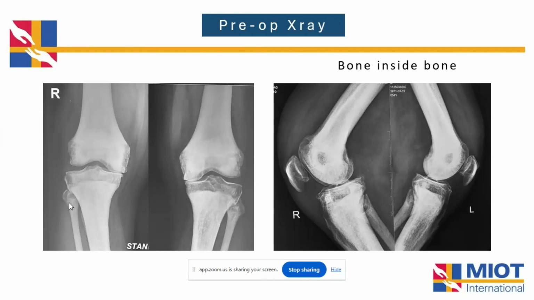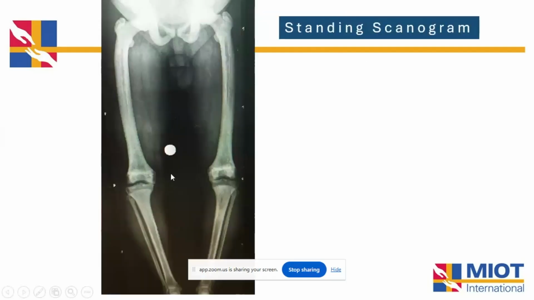Any other points to be added? So this is an interesting finding in osteopetrosis. We see bone inside bone, and as we can see, the medullary canal is not visible and is almost absent or very narrow. Anything on the scanogram?